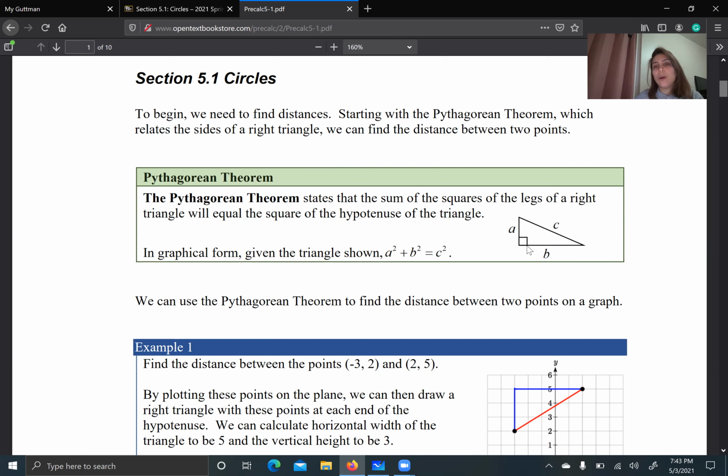In other words, if the legs are labeled A and B, and the hypotenuse is labeled C, then the relationship between the sides can be expressed as A squared plus B squared is C squared, or the sum of the squares of the legs is the same as the hypotenuse squared.